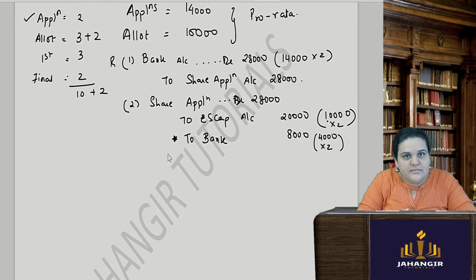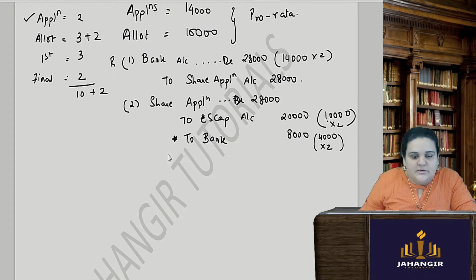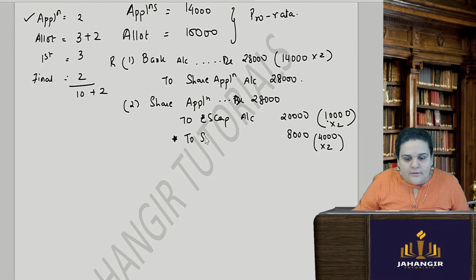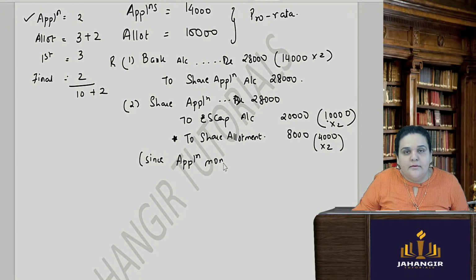Since it is not refunded and it is adjusted at the allotment stage, instead of writing here to bank, I am going to write to share allotment, since application money is adjusted with allotment.